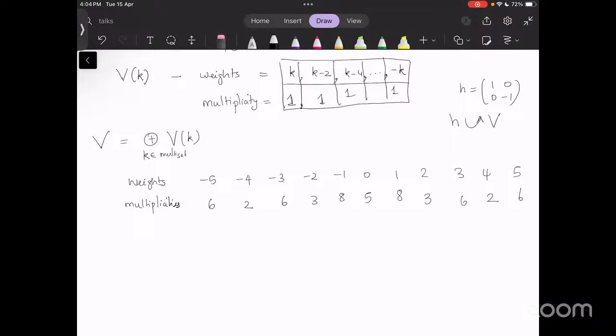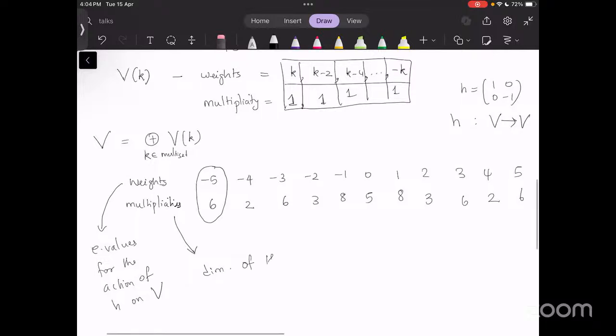You can think of H as a linear operator from V to V. Weights are nothing but eigenvalues for the action of H on V, and multiplicity is the dimension of the eigenspace corresponding to the eigenvalue, minus 5 in this case. Is that clear? Okay.